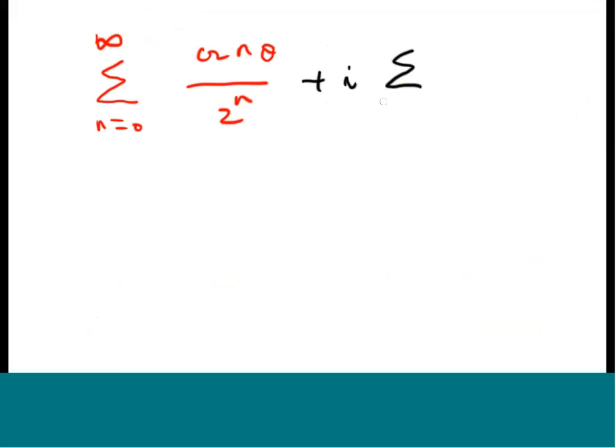Okay, this one should be fairly easy. You want to calculate the sum from n equals 0 to infinity of sine n theta over 2 to the n. You want to add another part, cosine n theta.